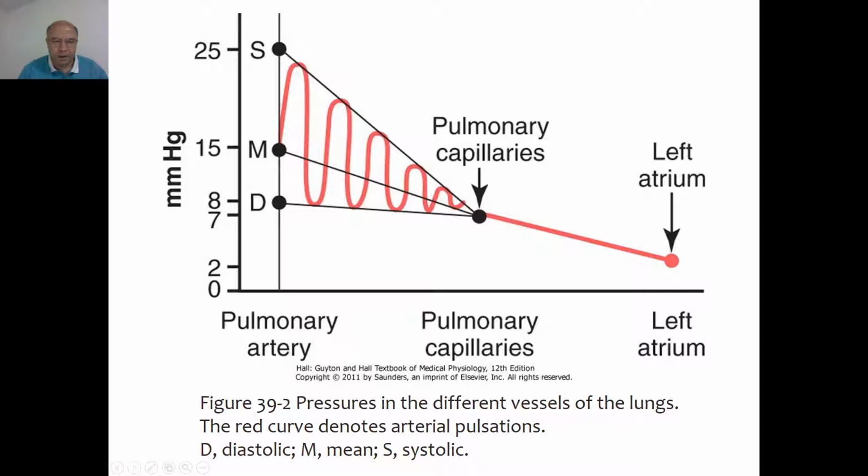As you see, when you go to the capillaries, the amplitude becomes smaller, and it arrives at 7 mm mercury in the pulmonary capillaries, and it goes down further in the left atrium. It is estimated to be 2 mm mercury or so.